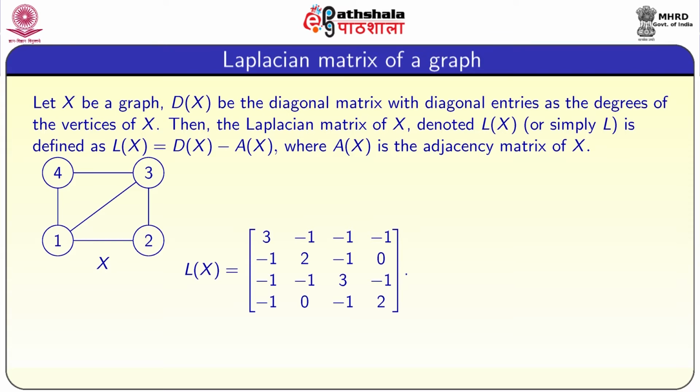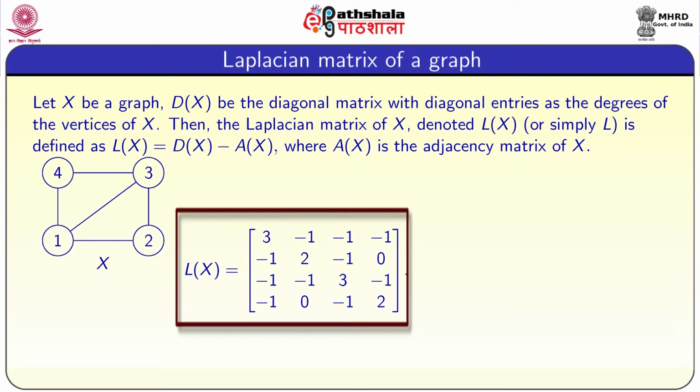So, 1 is adjacent to 2, 3 and 4, and consequently at those places we get minus 1s. In the second row we have 2 in the diagonal element, and so we are going to have 2 minus 1s and 1 zero. Similarly, the degree of vertex 3 is 3, so the diagonal entry is 3 and the remaining elements are minus 1s. Similarly for row 4.